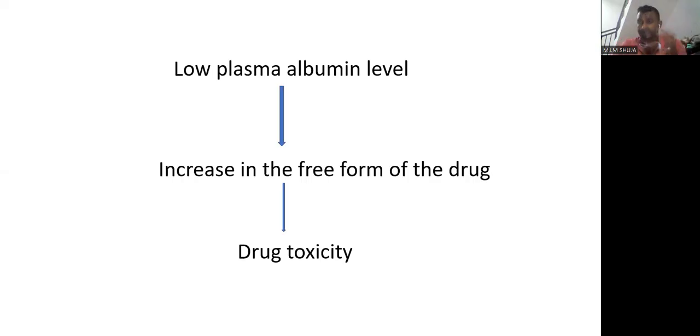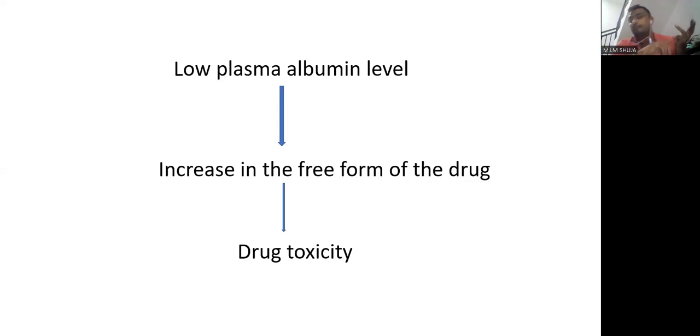So in a patient with chronic liver disease or chronic renal failure, if you give a drug which you would give to a normal person, they will develop toxic effects. So for that kind of person, you have to reduce the dose of your drug. That is why we are learning this pharmacokinetics.